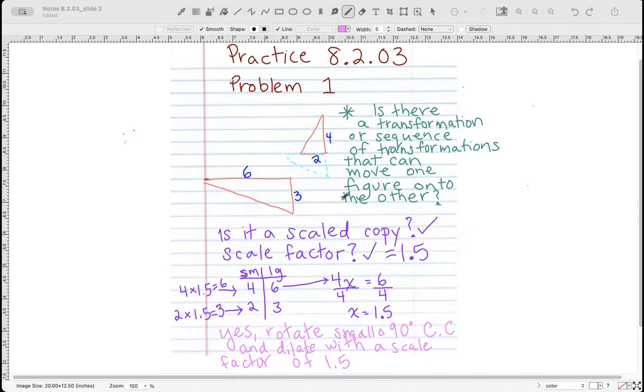This is 2. And this is 4. Okay. So if you look at this, you can look at it the same way. So is it a scaled copy? Is there a scale factor? All right, so let's find out.